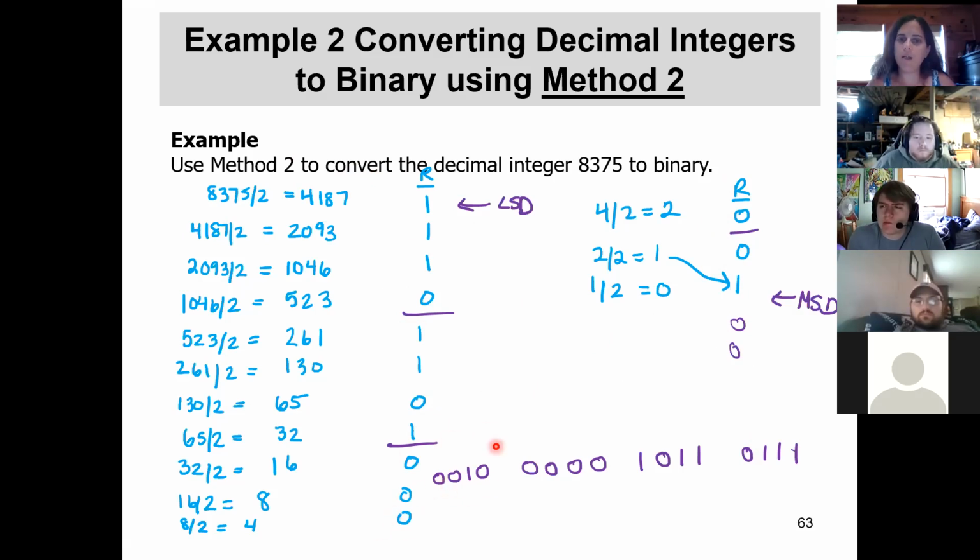So we had a nibble with 4. I wish I could point on my screen at the same time as the laser so you could see where my fingers are. Like this one corresponds to this. You see what I mean? Okay. So that's your number. That's the number 8,375 in binary.